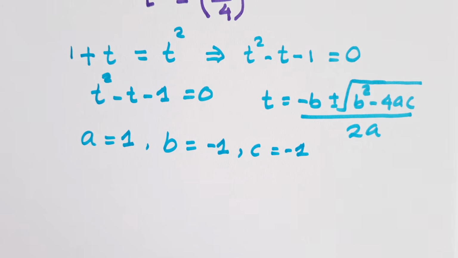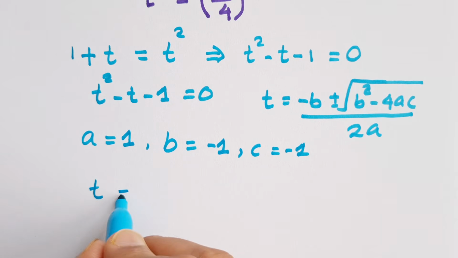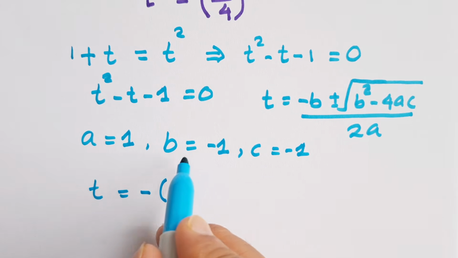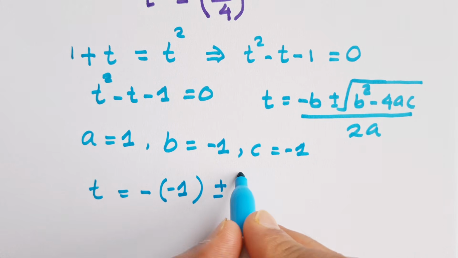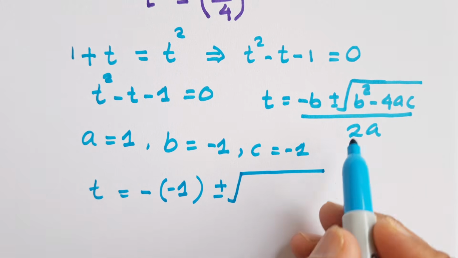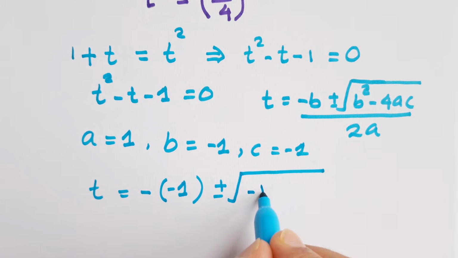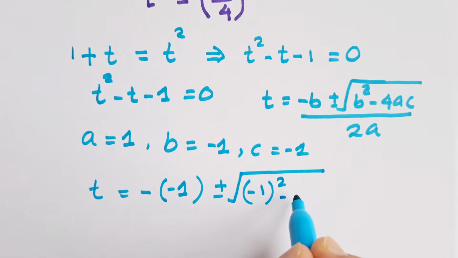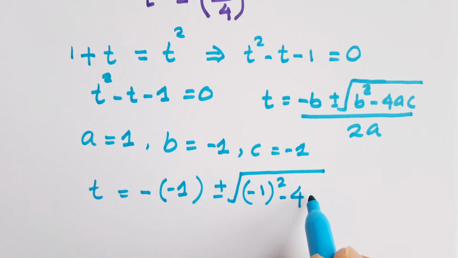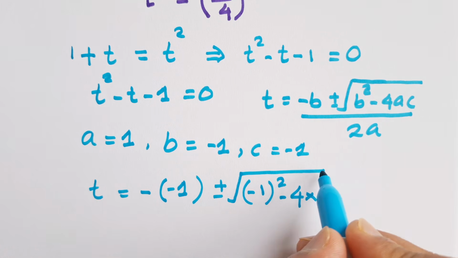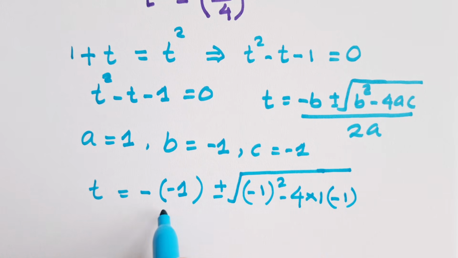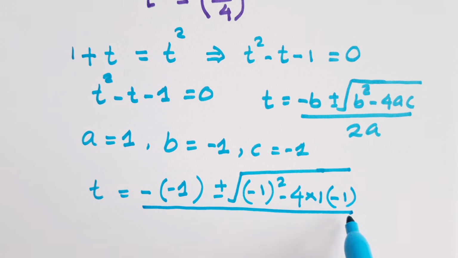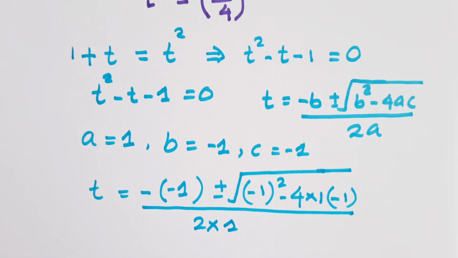Now I'm going to substitute those values into the quadratic formula. Then t is equal to minus b, which is minus minus 1, plus or minus square root of minus 1 squared, minus 4 times a, which is 1, times c, which is minus 1, divided by 2 times a, which is 1.